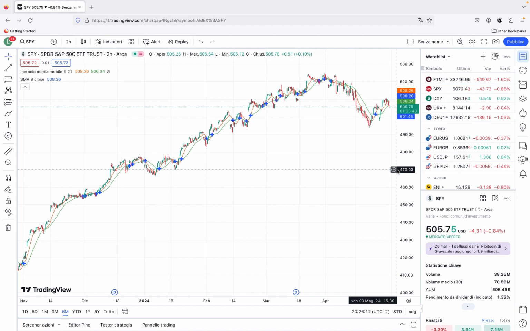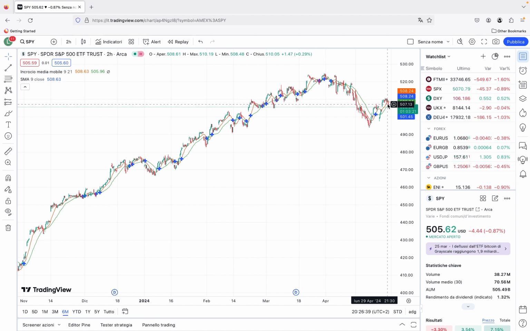And in a neutral market, there are other strategies. A neutral market is, for example, a movement like this: a few dollars more, a few dollars less, but more or less zero movement.